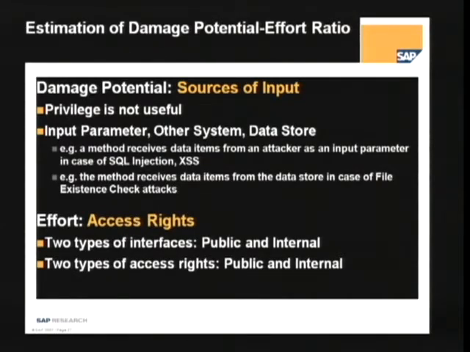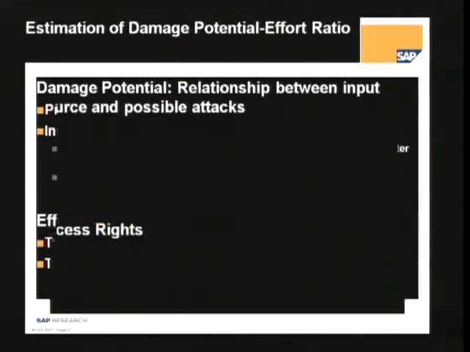Since we have two types of interfaces, public interfaces which can be called by other systems and from the environment, and internal interfaces which can only be called by the application itself, we look at two types of access rights, public and internal access rights.